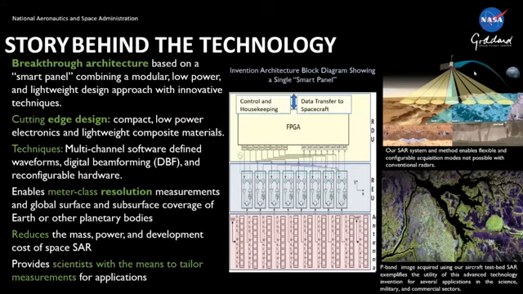And also, if you're flying P-band, for example, it not only maps the surface, but it can penetrate the subsurface and find ice lenses or structures of subterranean features on planets, and also on the Earth.